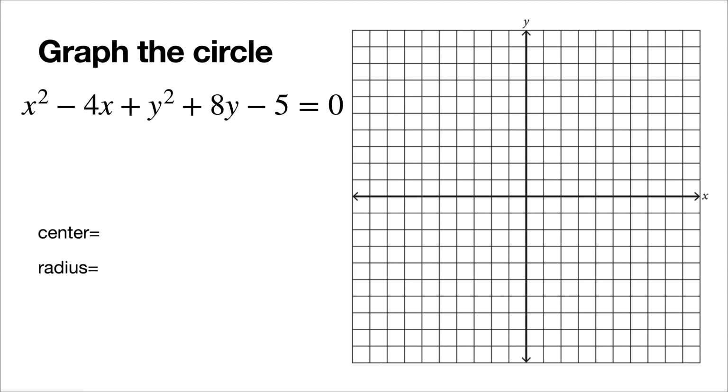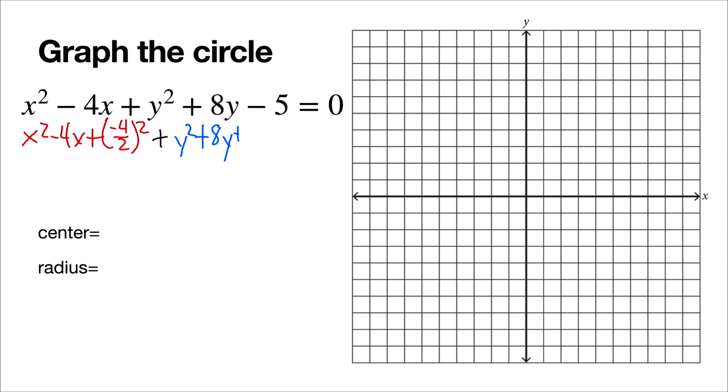Let's try it one more time just to make sure that we know how to do it. In this case, this is x squared minus 4x, and then plus half of 4, so negative 4 over 2 squared, and then plus, in this case, y squared plus 8y.